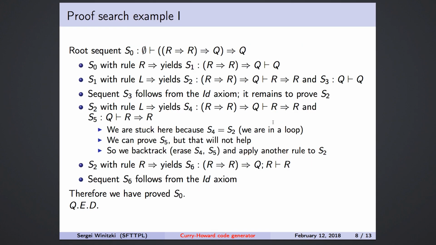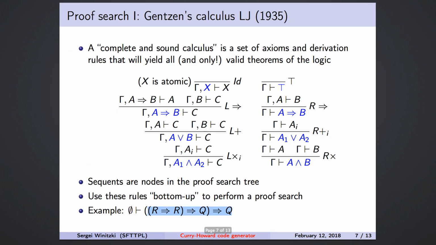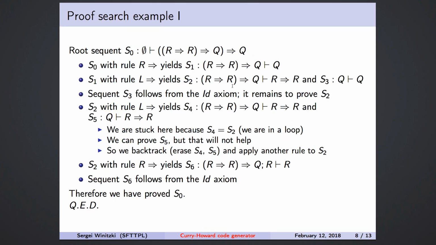So you apply the rule left implication and you get two sequences, because this rule requires you to prove two sequences. Now if you put B and C where they belong, then B is R to R or Q, C is Q, so you have two sequences. One is Q to Q and one is this. So this is the new sequence S2 and this is a new sequence S3.